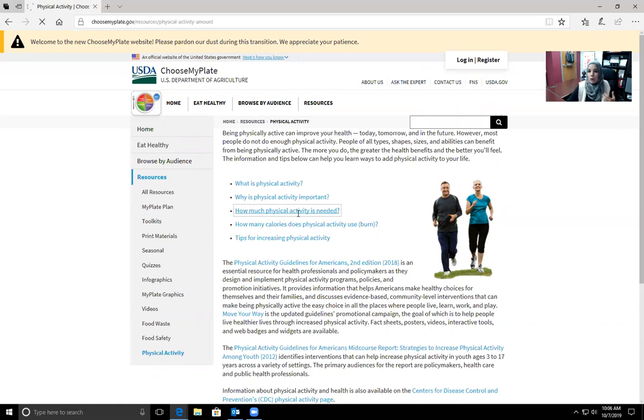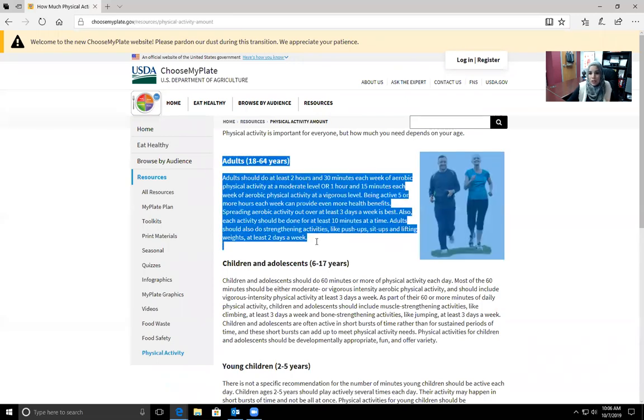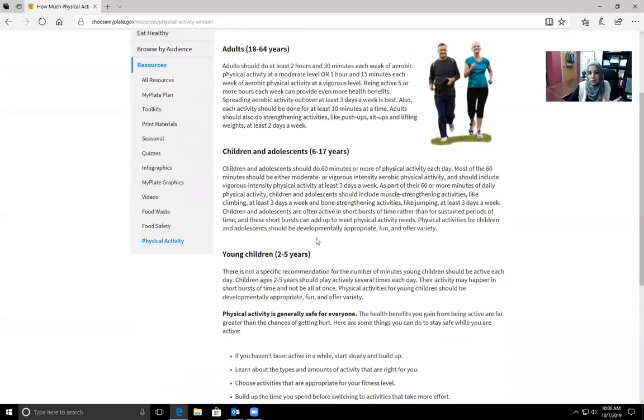And then here, how much physical activity is needed. Now that you've explained what physical activity is, the importance of it, and the benefits of it, how much do I need? So here you can be specific to an age range and how much activity, and what type, is required. Within 18 to 64 years of age, we need at least 2.5 hours per week of moderate aerobic activity, or an hour and 15 minutes of intense, vigorous activity.